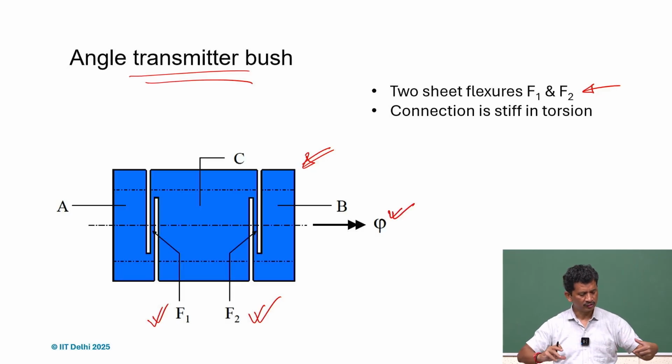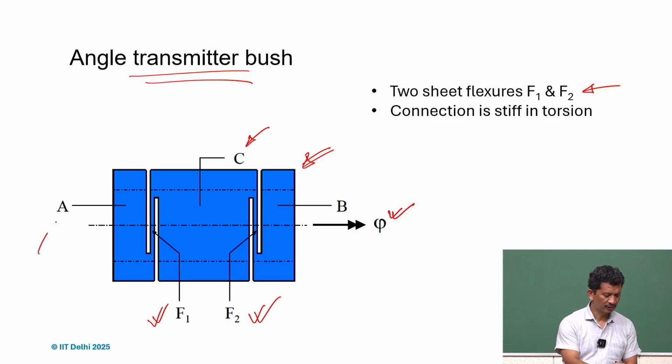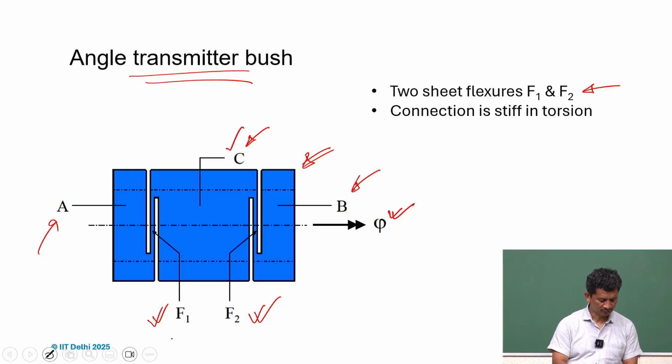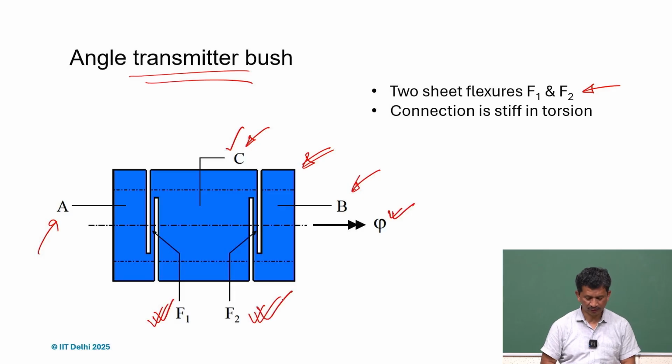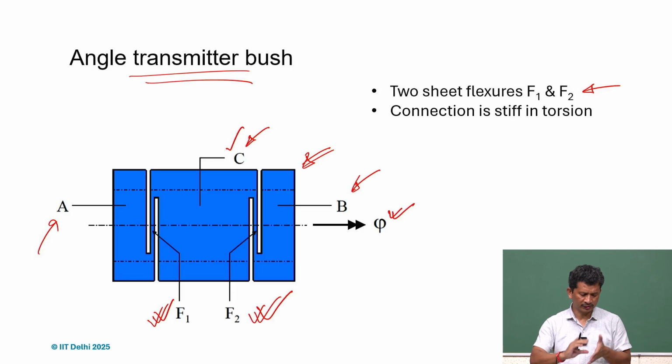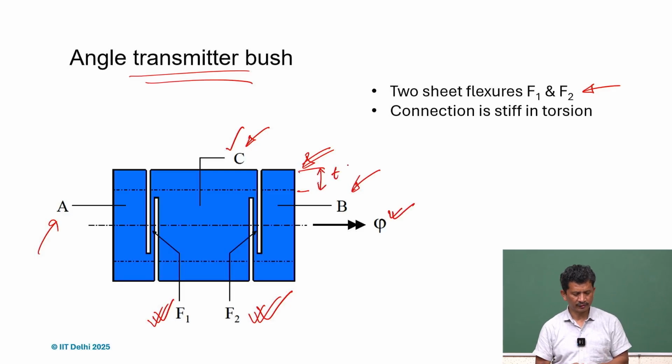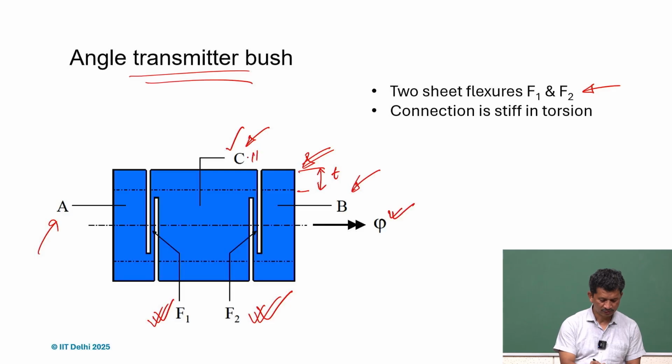If you try to twist the two ends A and B, they are connected via the element C through these flexures F1 and F2. So it acts like a sheet flexure, and it's mainly because the thickness parameter here is large compared to this width h.